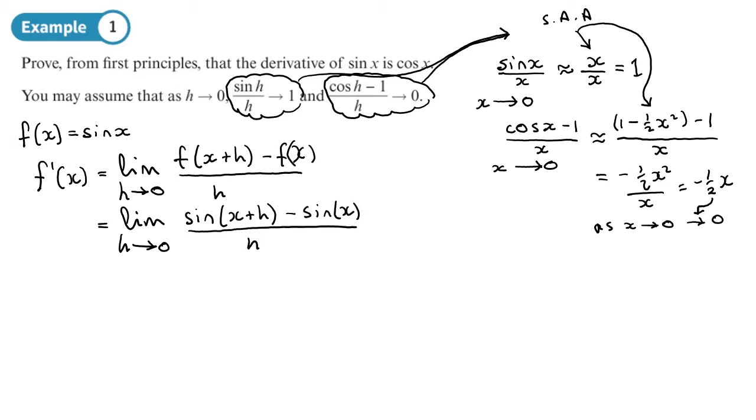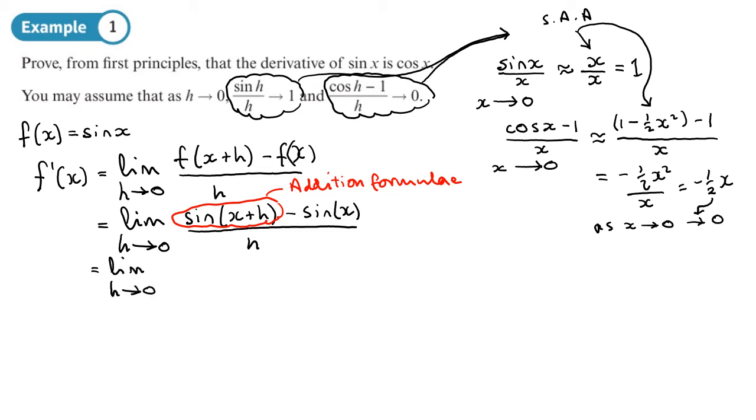Now this bit here we're going to use the addition formula. It's not a double angle. Do you remember sine of A plus B? Yeah, okay, so we're going to do that.